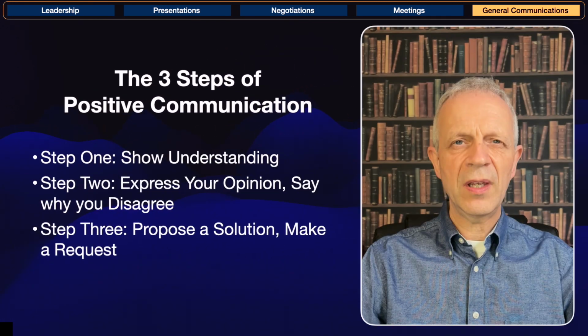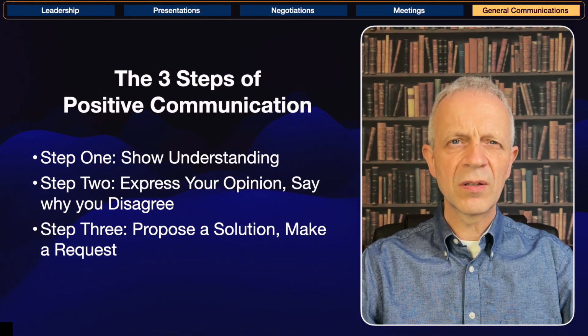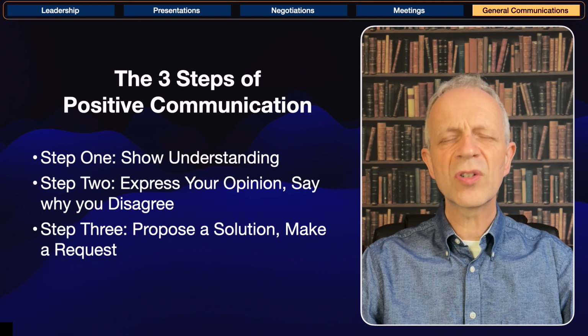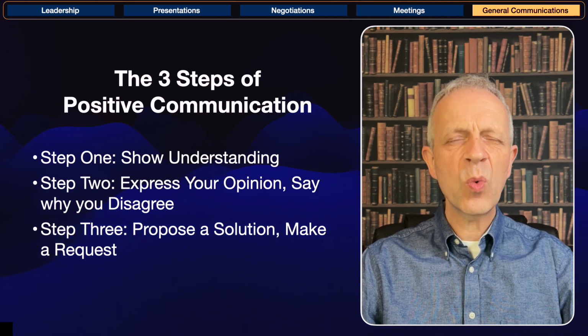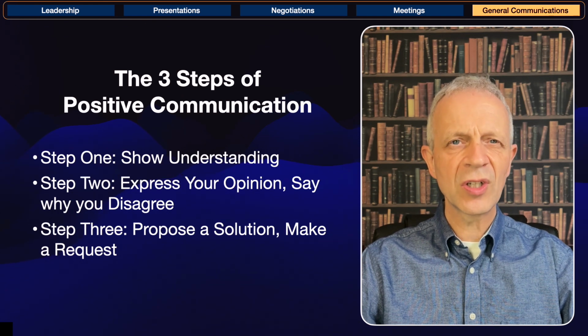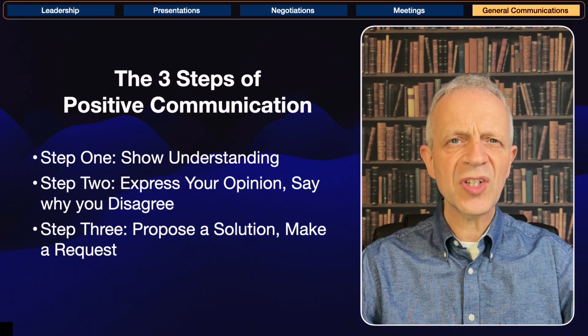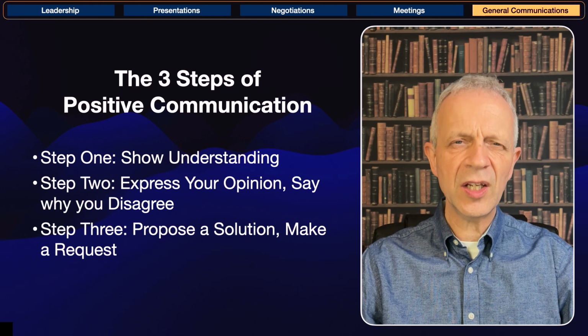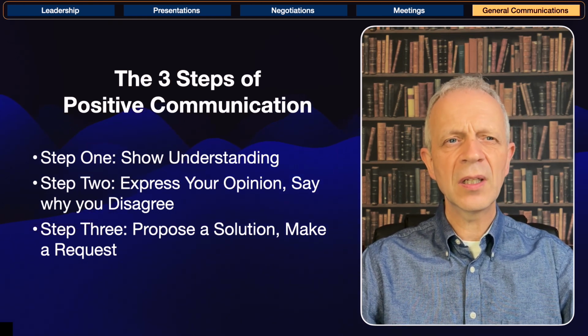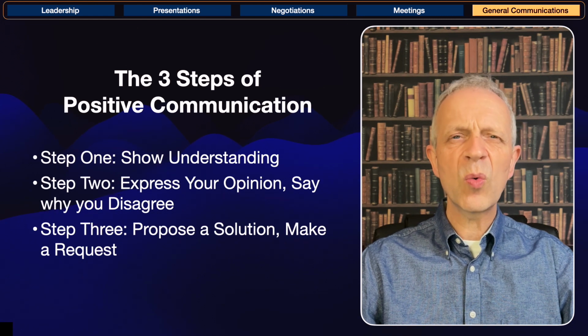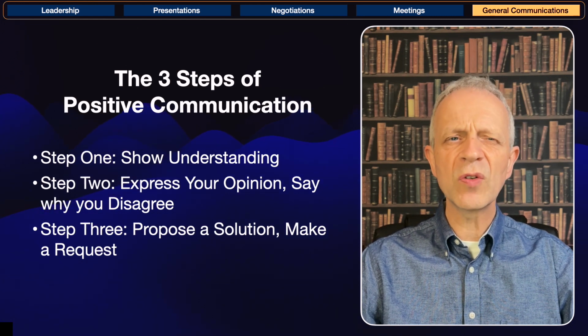So let's just stop there for a moment, go back and review the technique. Step 1 is to show understanding. And this is where you really say what you understand, not just I understand, but I understand this, I understand that, I hear what you're saying. And step 2 is where you express your opinion, you say why you disagree, or you say what you think or what you feel.